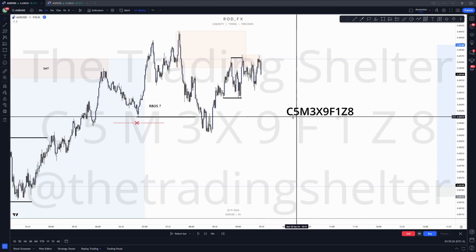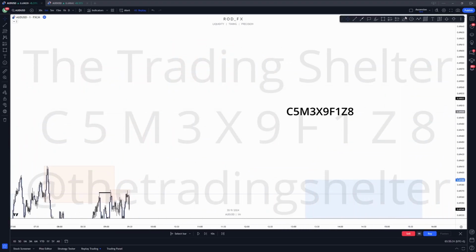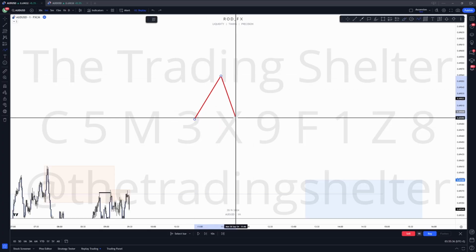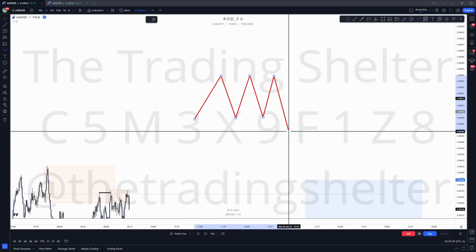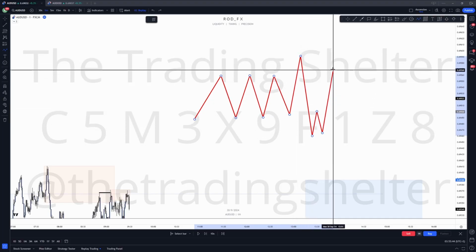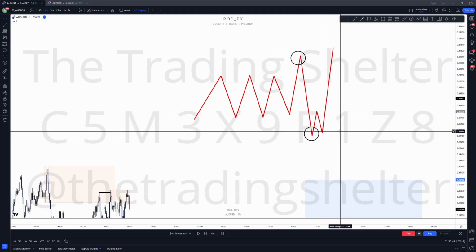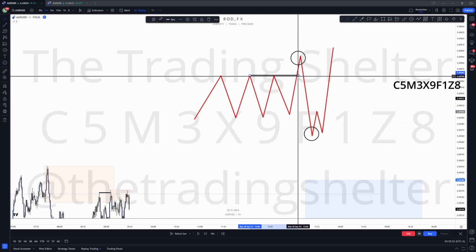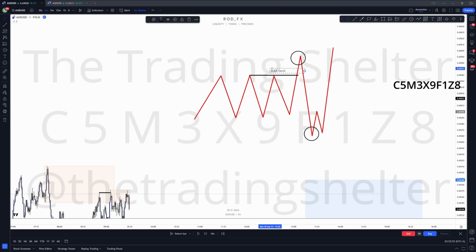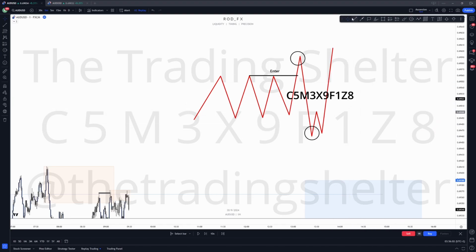Oof, god damn. So are you starting to look at a little bit of those patterns? Let's talk about it. We have liquidity, okay? We have liquidity. Then we have an inducement. This is an inducement, and this is also an inducement. That inducement induces people and entices them to enter there, and this inducement actually takes them out.